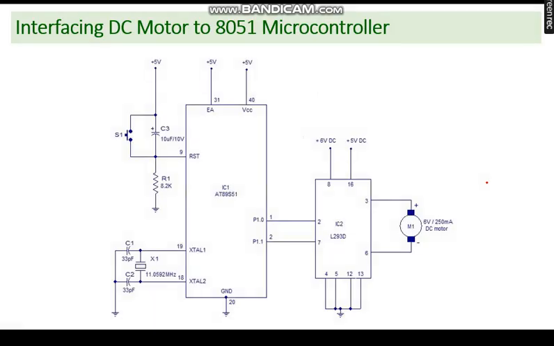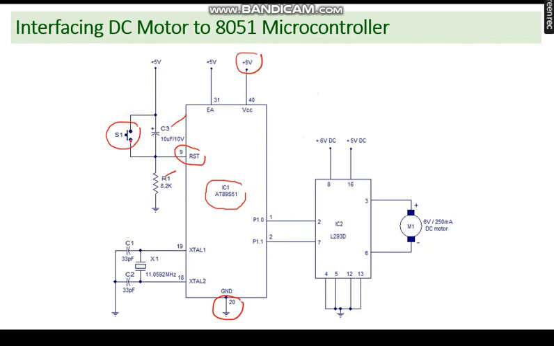As I told in my previous lectures, we are using the IC 89S51. This IC has a supply pin, pin number 40, which goes to plus 5 volt of the supply. The ground pin goes to the negative of the supply. We require one reset pin, to which we connect a capacitor and resistor in this way, and this is called a reset switch.